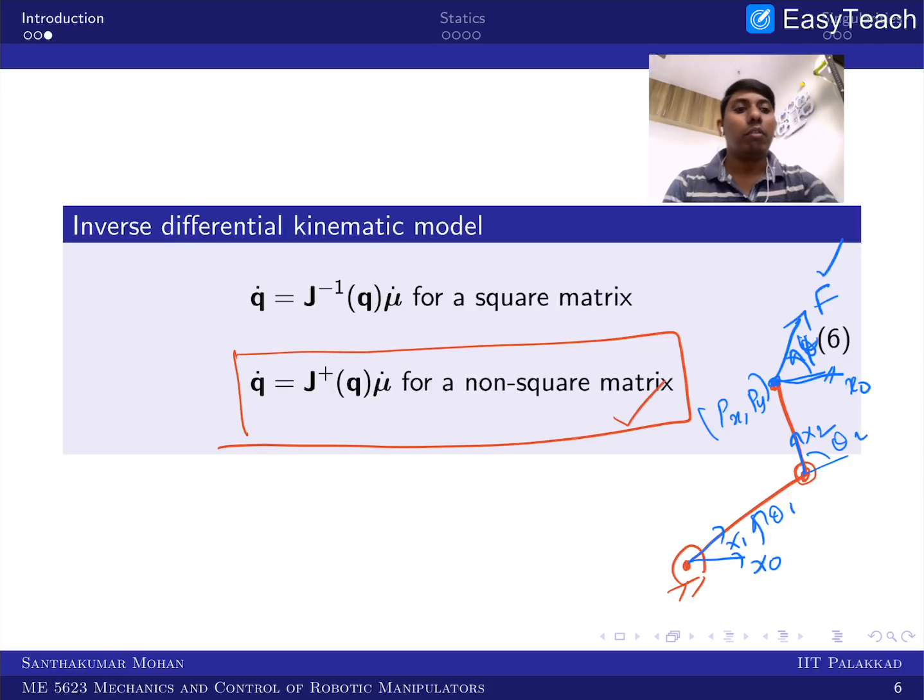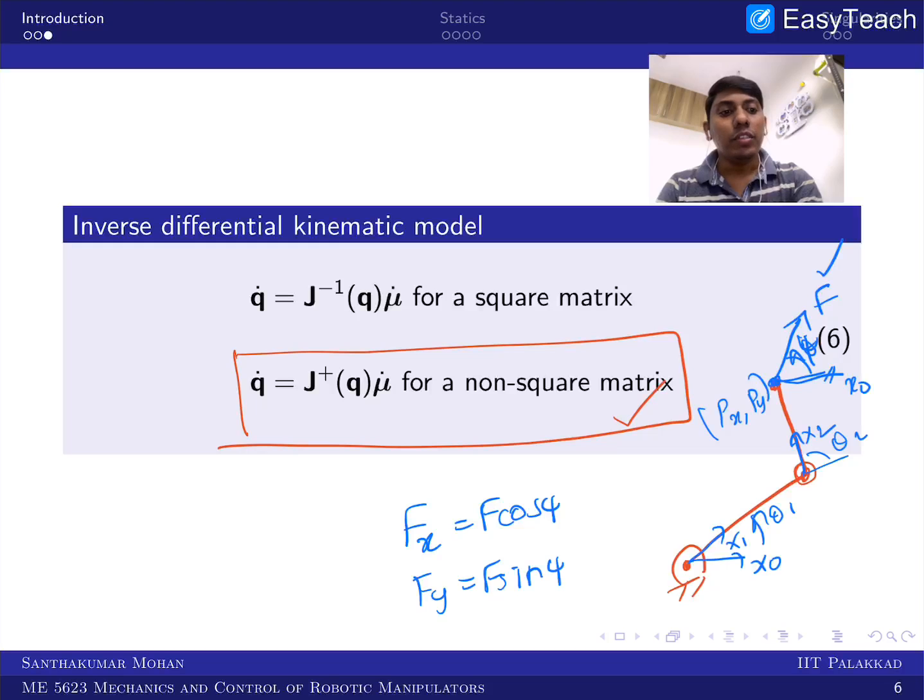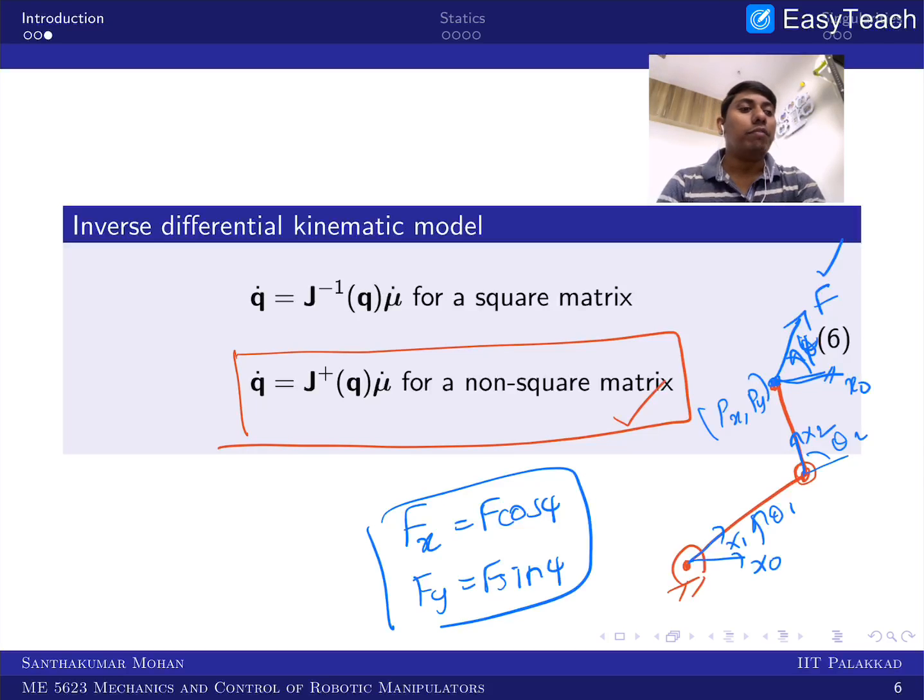Right now what I am saying is that I am giving fx, which is F cos psi, and fy is F sin psi. So these are all known. If we assume this particular configuration is supposed to be frozen, then you have to provide some torque in such a way that this would be maintained.